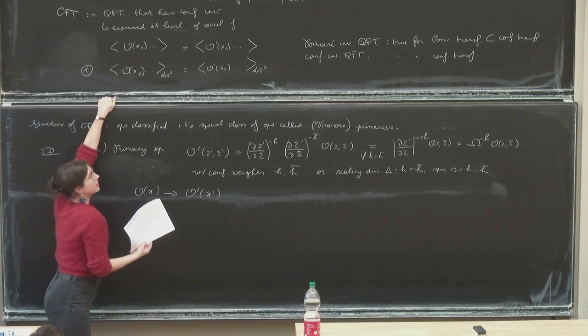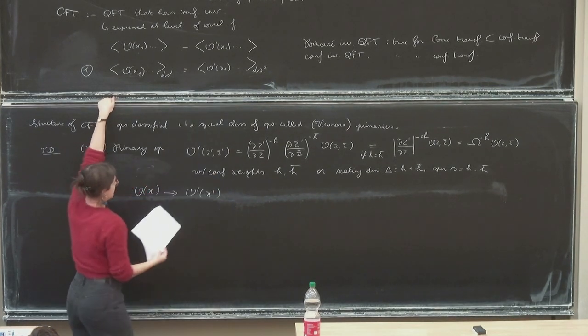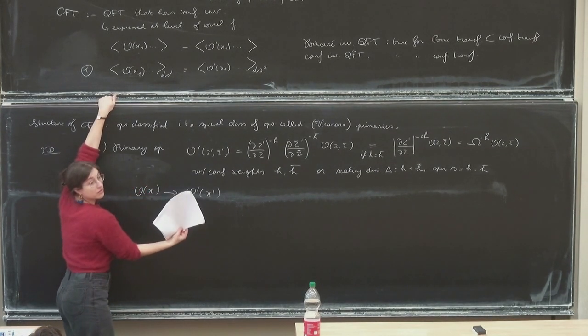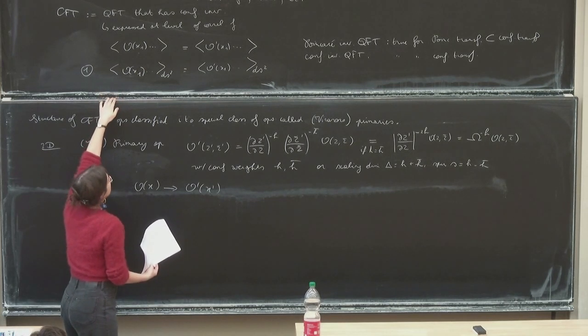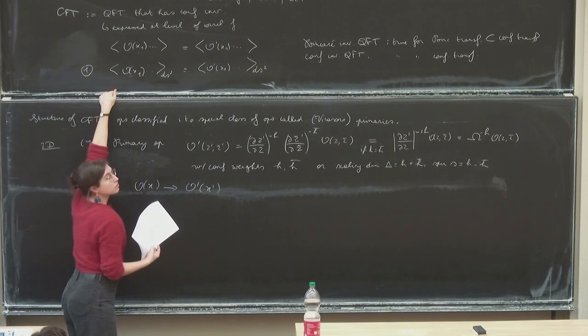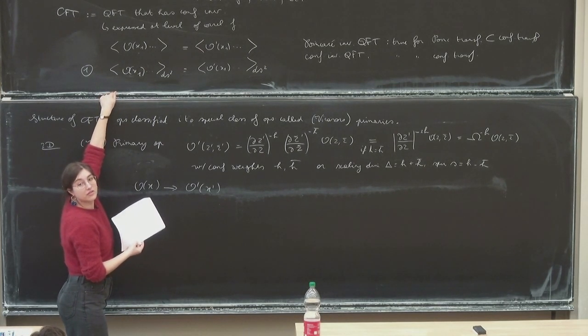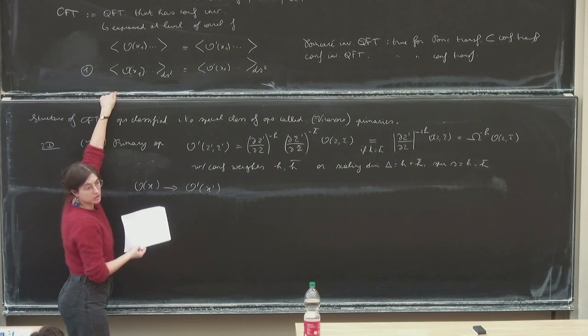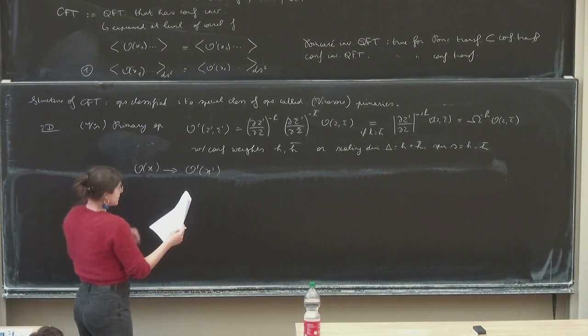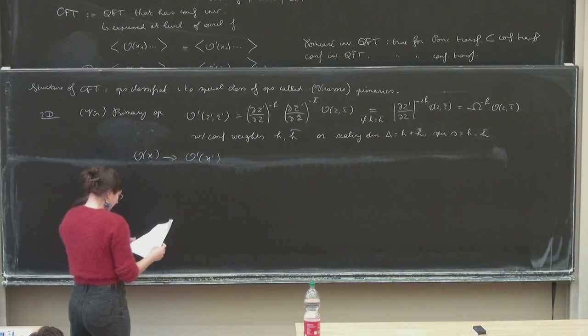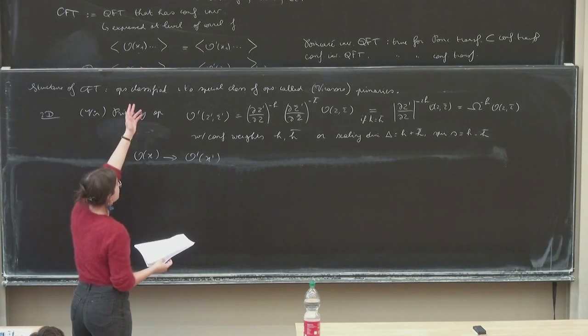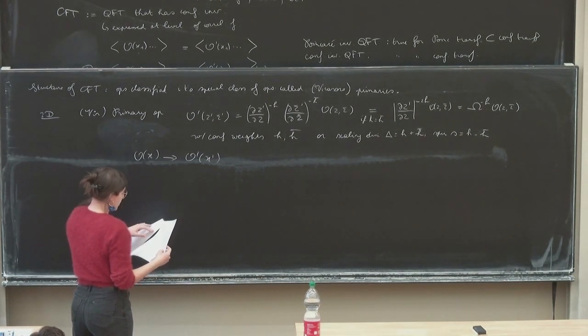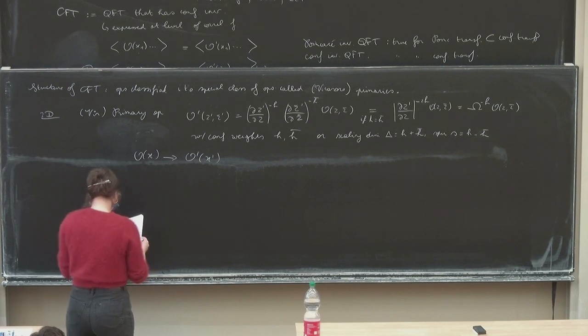Okay, so what is O prime of x for this primary, for example? Okay, so the difference here is between what is called a passive conformal transformation or coordinate transformation and an active one. Okay, and this can be a bit confusing, but it will lead to the second version of writing down conformal invariance of correlators.